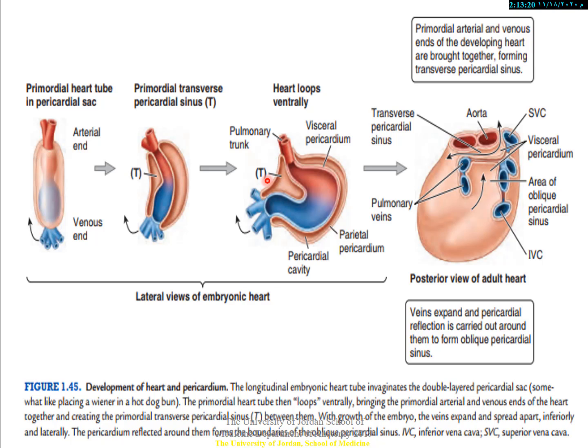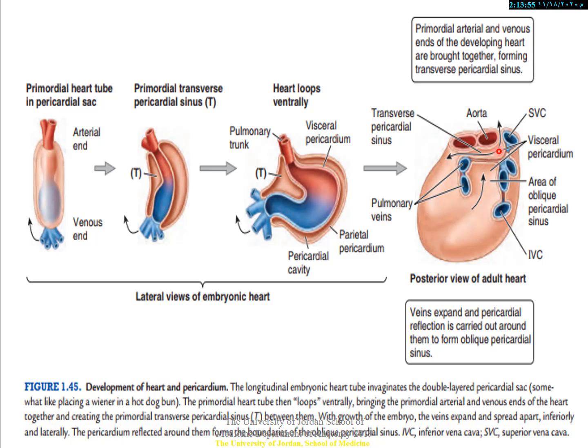You don't need to go into the details of how this reflection takes place, as I will talk about it in a series of lectures about the development of the heart. But as simply as you can imagine it for now, this is a tube that has two ends. Now the tube is folding up on itself, trapping between the arterial end and the venous end, as you can see, a transverse sinus.